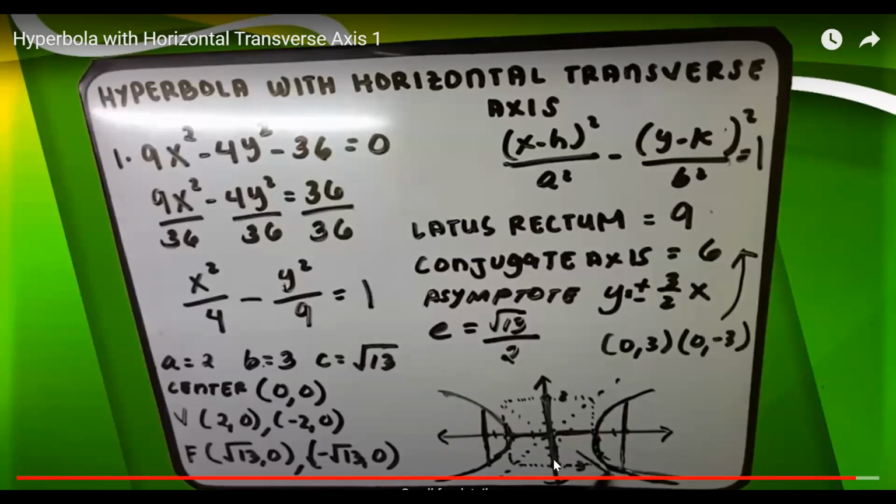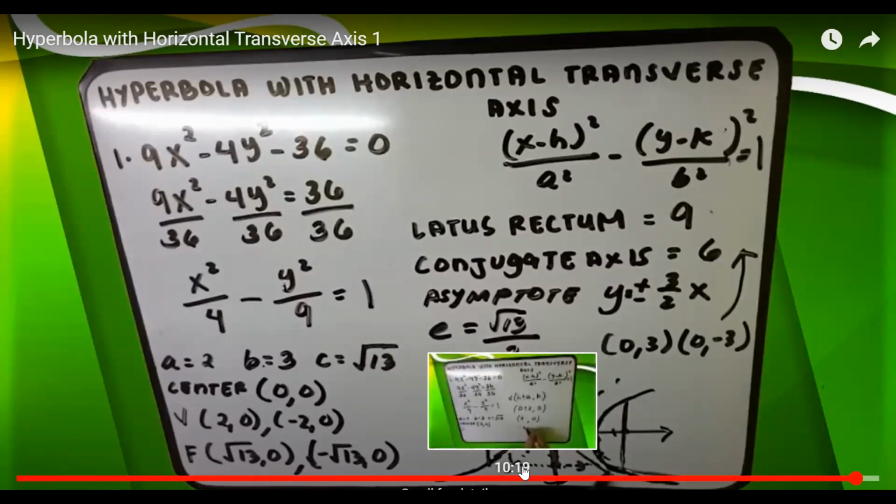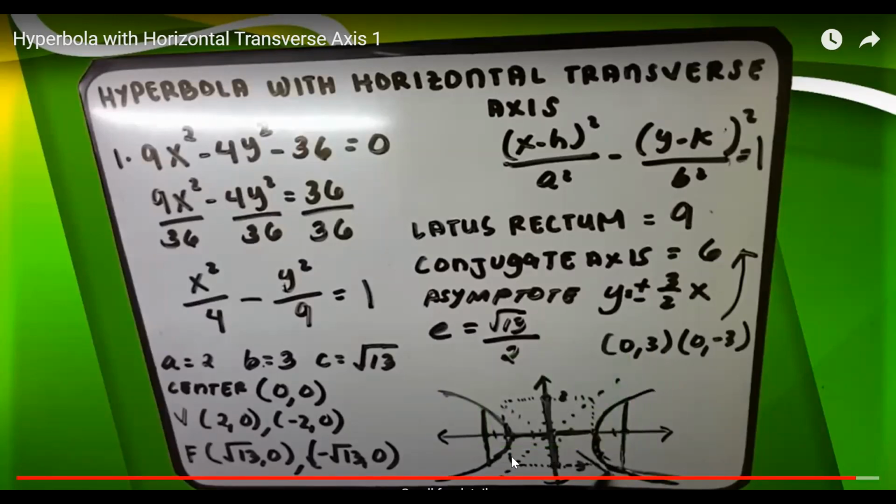So we have the endpoint of the conjugate axis dito sa baba. Pag nag-draw tayo ng straight line, tatama siya sa vertical lines na tumatama dito sa vertices. So ayan yung mga magiging corner nung rectangle. So hindi siya square.